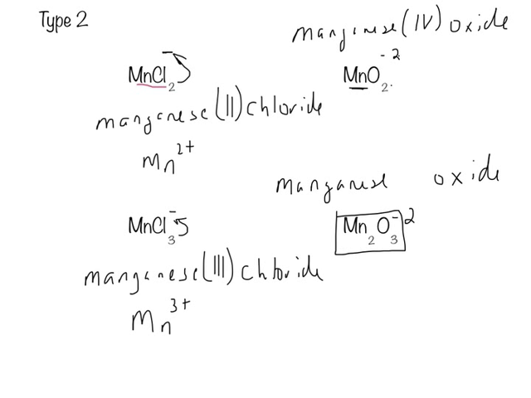So I've got 3 times a -2. That gives me a total of -6 as a charge. I've got 2 manganese. So each of those manganese must be contributing half of the charge. So they must be contributing +3 each. So this is manganese(III) oxide.